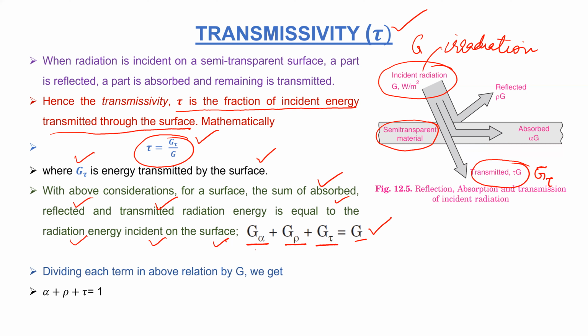If we divide the whole equation by G, this will be 1, and this value will be equal to alpha, the second value will be equal to rho, the third value will be equal to tau, and the total will be equal to 1. That means the sum of reflection, absorption, and transmission can never be more than 100%. So that is what I wanted to discuss in this particular lecture. The remaining concepts we will discuss in the next lecture.